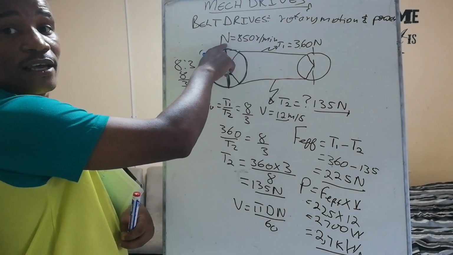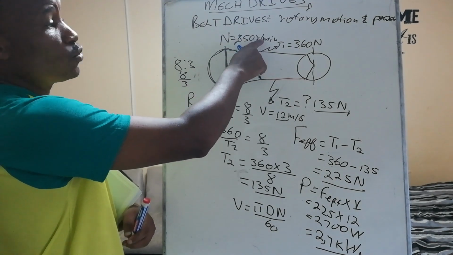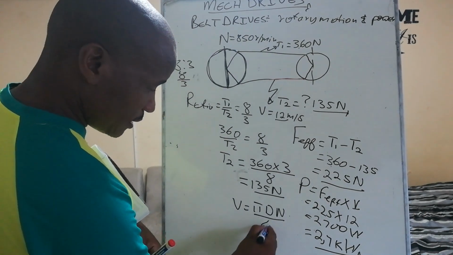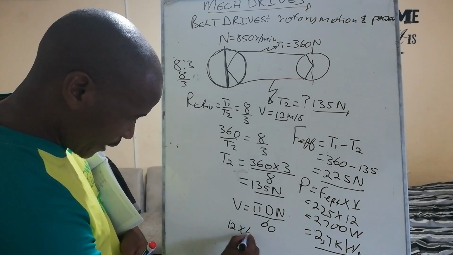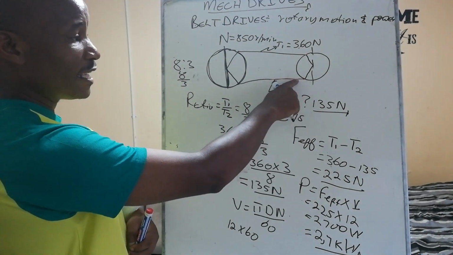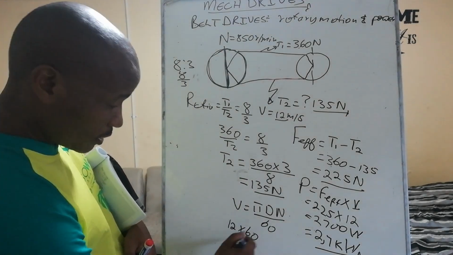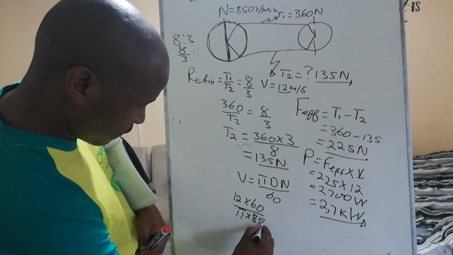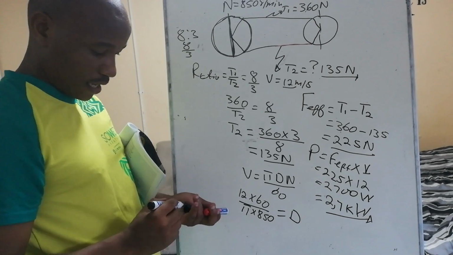Because your rotational speed is given in minutes. If it was in revs per second, this 60 wouldn't have been there. So it's 12 multiplied by 60. Why is 12 given? It is the linear speed at which that belt is moving. We cross multiply, divide by pi, divide by 850, and it's equal to the diameter.